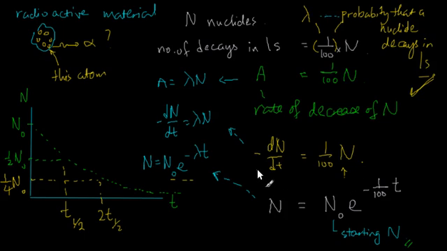So if I do this, this is what I'll get. And also replace this by a again. If you remember, minus dn dt was supposed to be a. So replace this by the a again.